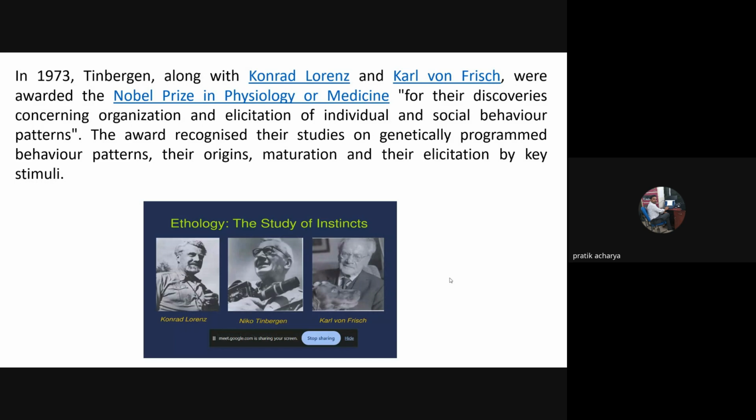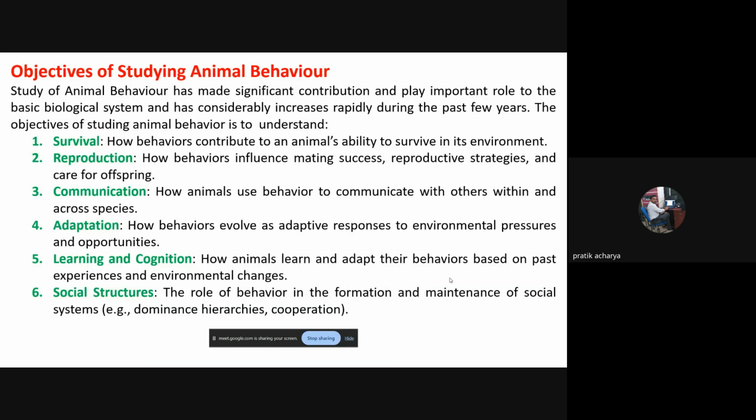Then we'll move to the next part, the objective of behavior. Why are we studying animal behavior? What is the basic objective? Animal behavior has made significant contributions and plays an important role in the basic biological system. If we are talking about animals, we all are biological organisms. We have life, we have certain sensation.